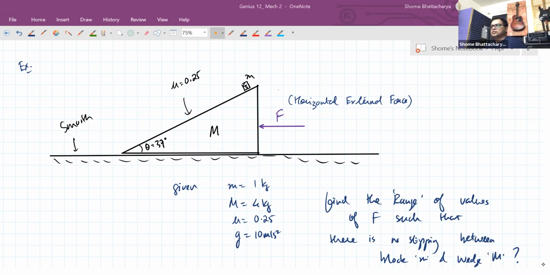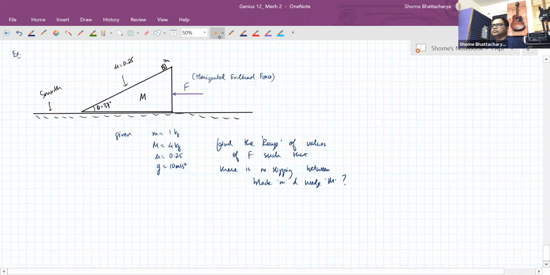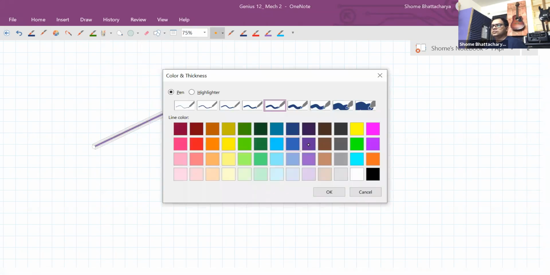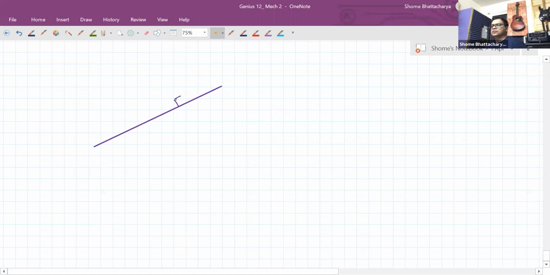Okay, so I'm verifying the answers. What we'll do here is make the free body diagram of the block in the wedge's frame. So we are in the non-inertial frame moving with a horizontal acceleration A like this.